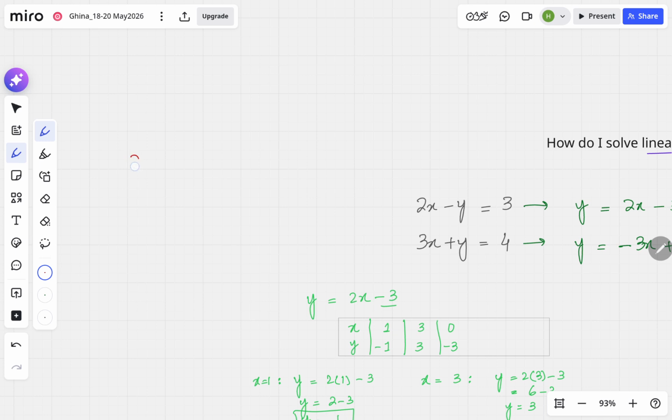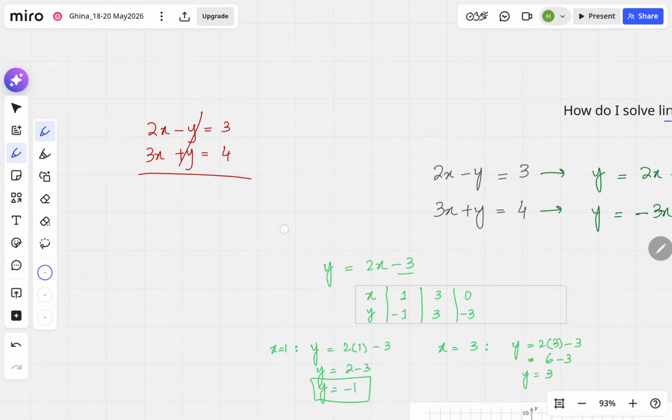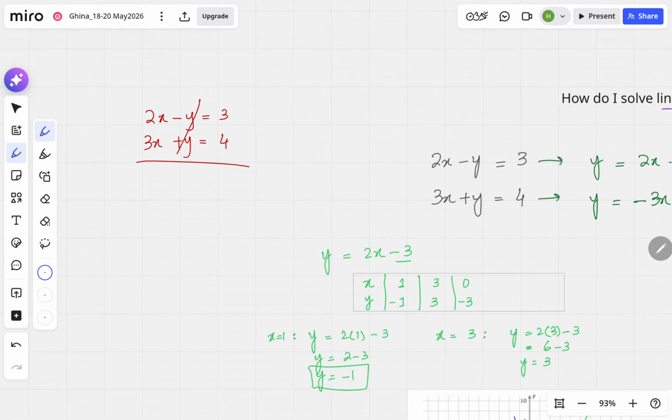I'm doing this with the elimination method because I see that I can simply remove 5 from it by just adding them. So oops, it's 4. By the elimination method, I can remove this y, so it will give me 5x equals 7, and from here x equals 7 over 5.